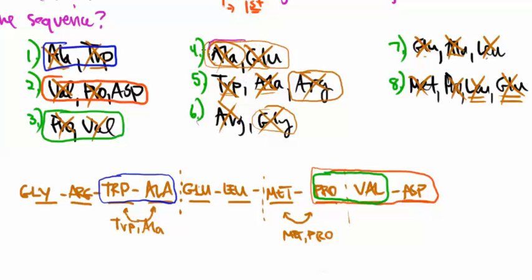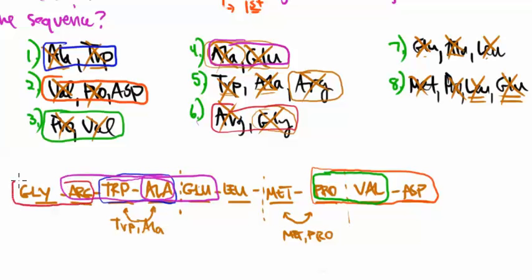What about ALA and GLU? So ALA and GLU coming off together as a chunk. What about fragment 5? TRP, ALA, and ARG. So TRP, ALA, and ARG. So there is that chunk that came off. What about ARG and GLY? Well, ARG and GLY, first two in the list.